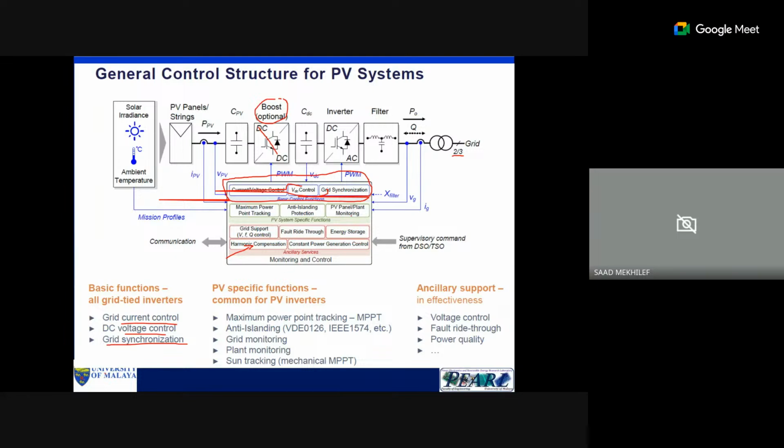So this is the overall control system of any grid connected PV system. I have summarized them in this slide, and I hope it explains almost everything that we expect in grid connected PV systems.